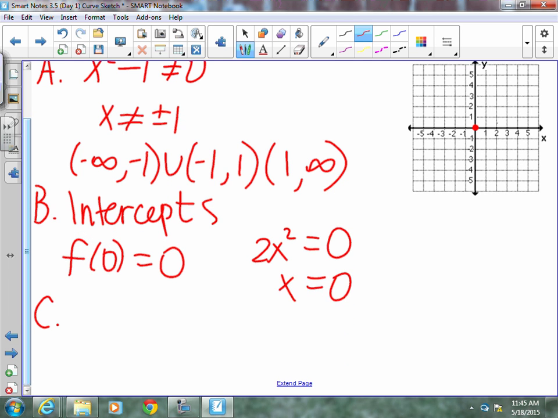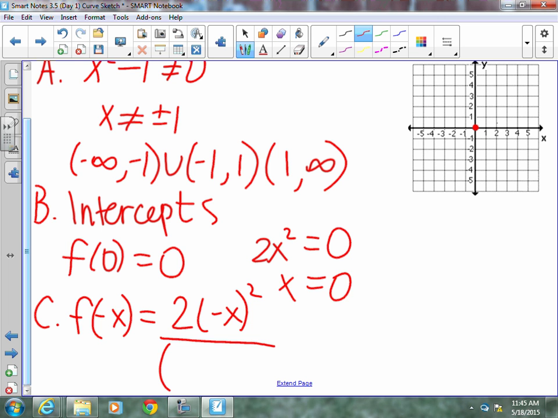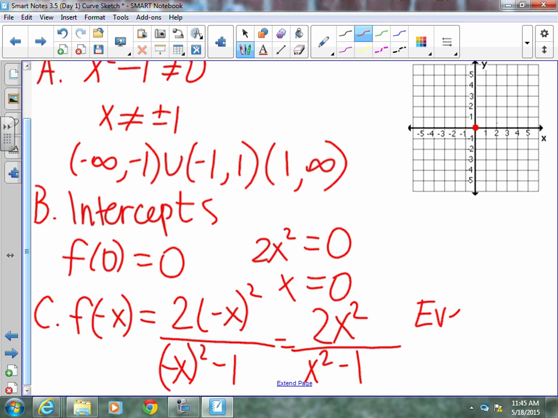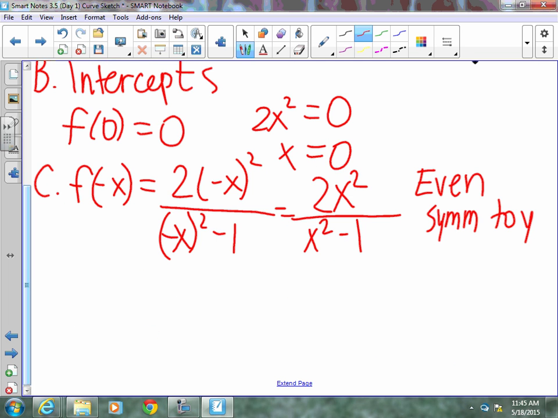Part C wanted us to find symmetry. So what happens when we plug in a negative x? We get 2 times negative x squared over negative x squared minus 1, which works out to be the exact same function, meaning this function is even, which in your mind you need to be thinking symmetric to the y-axis so that you kind of know what it looks like.